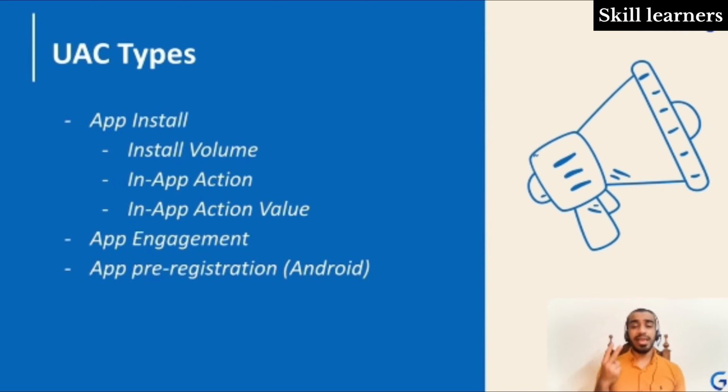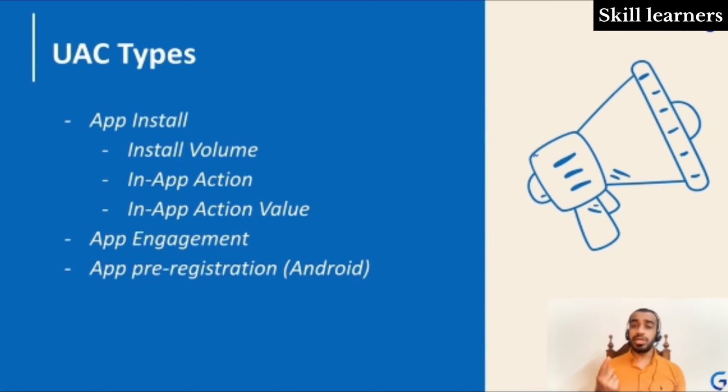The second is in-app action. So here you are trying to drive app installs. The objective still remains as app installs, but you have an in-app action in mind. So that in-app action could be whatever you define to be within your app. So it could be any action that you define within the app.